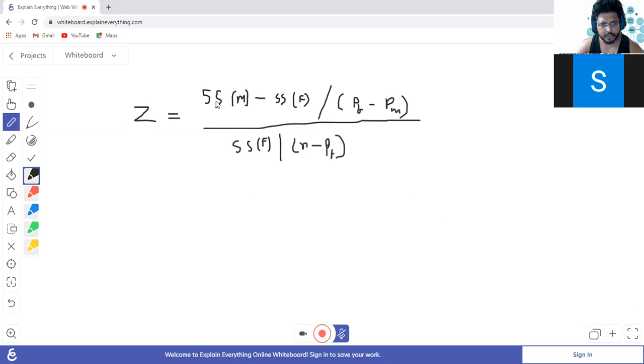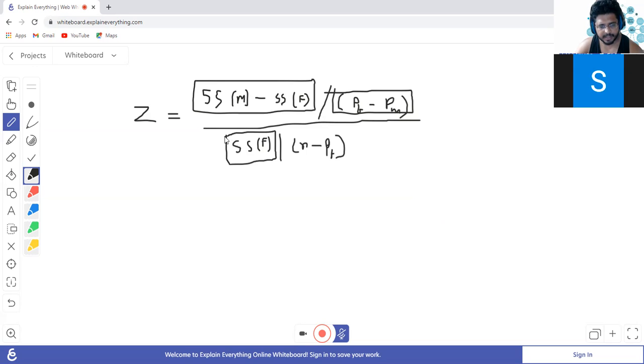The numerator part is the same as in R square, divided by one extra term here. I'll tell you what this is. Similarly, the denominator SS fit is also divided by an extra term. Let us see what this actually is.